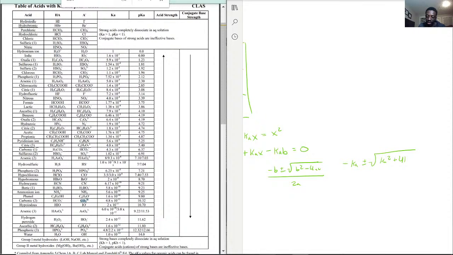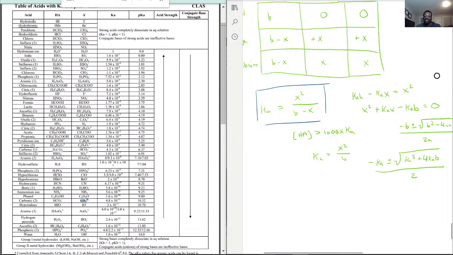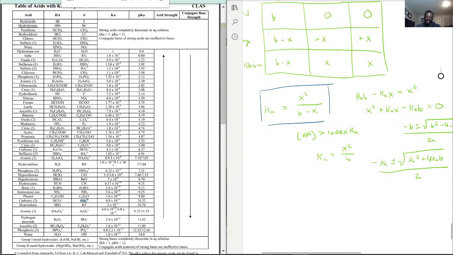So what I've done effectively is break down what you would be solving for if your numbers were close enough between concentration and the K value. Okay, that's what you do there. It sounds like a lot of gibberish right now, only because it works a lot better when we actually have values.